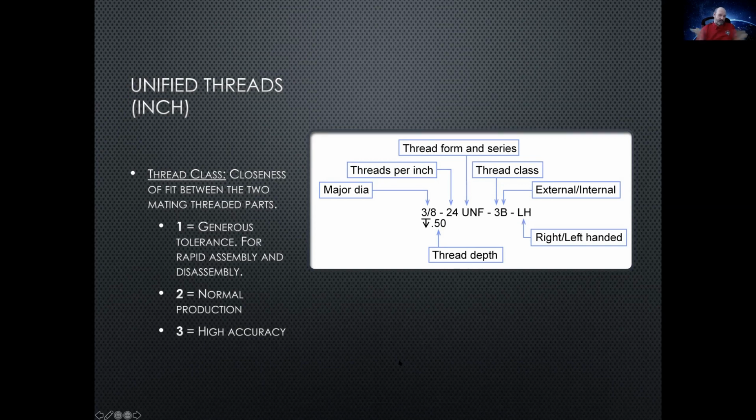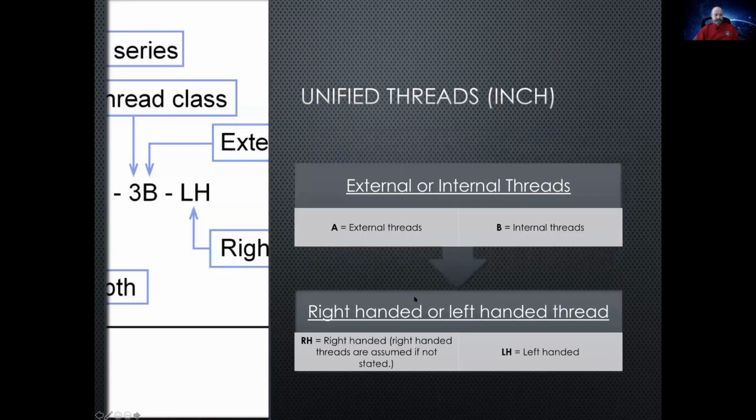And that's if you're just putting things together quickly, or wanting to take it apart very quickly. So you have a generous tolerance there. 2 is the standard normal production, and then 3 is high accuracy. So sometimes they won't even put this in here. The 1, 2, or 3, and if that number is missing, you assume it's a 2.